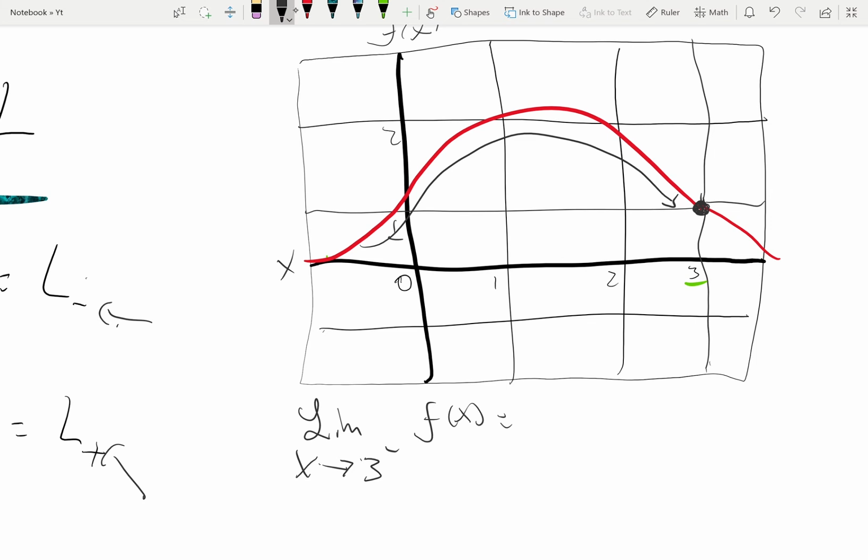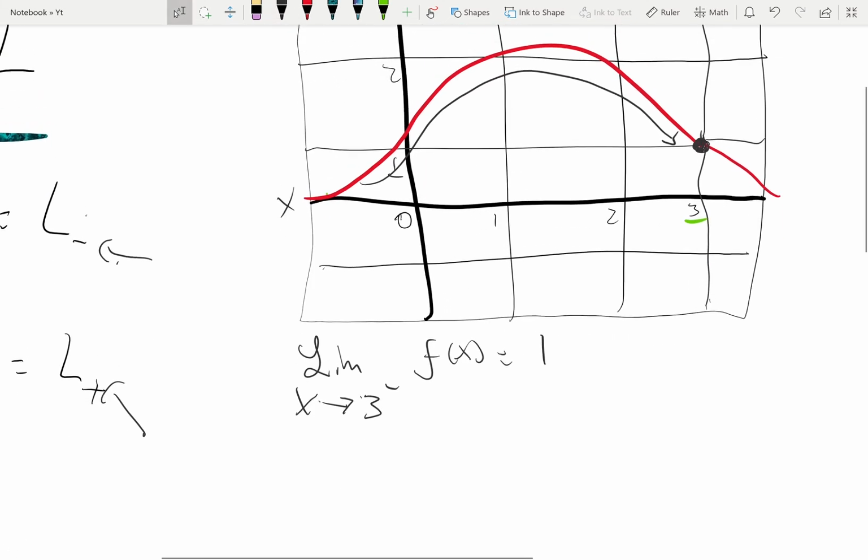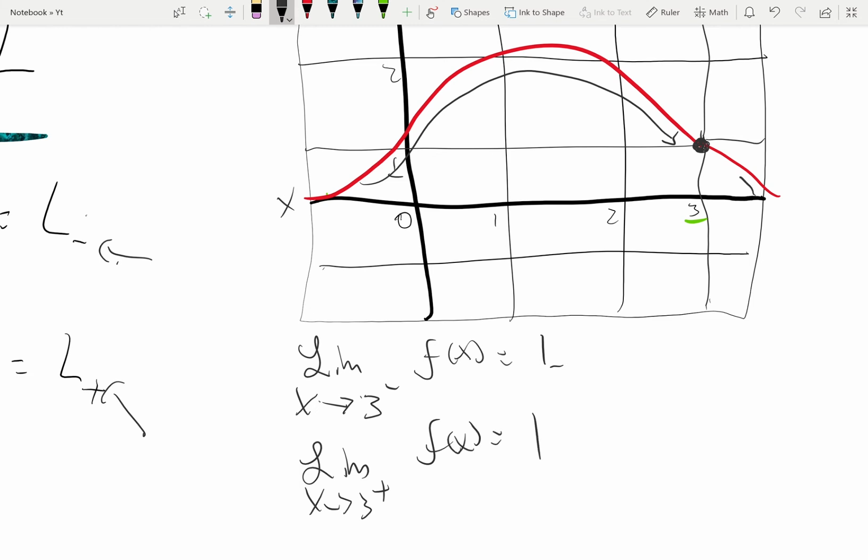We see that it is equal to 1, and then I'm going to put a subscript here as a minus, and then we're going to do the limit as x approaches 3 from the right of f of x. We approach on the right, and that's equal to 1. And since 1 minus is equal to 1 plus, that implies that our L is equal to 1. So there you go. That's definition 1 and definition 2 in the proper way.